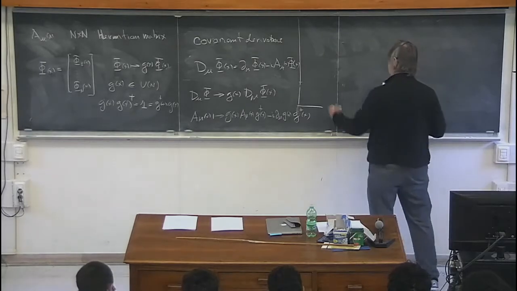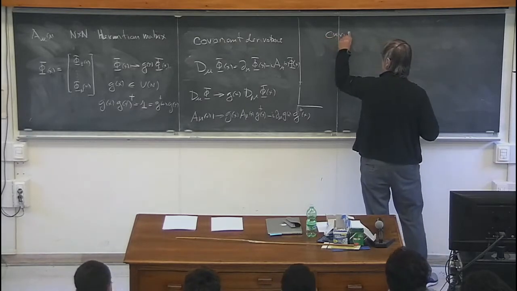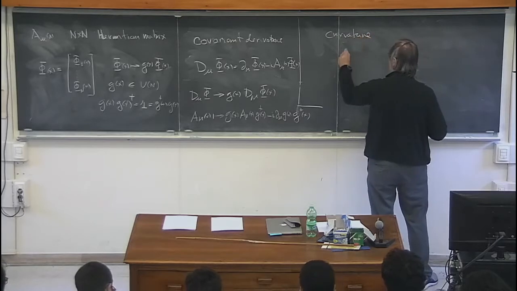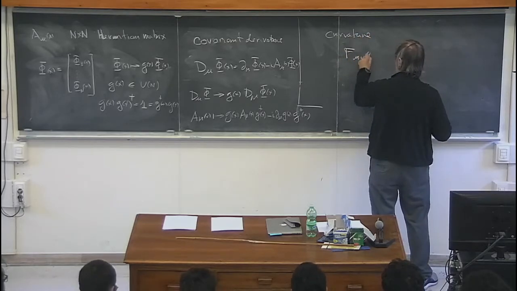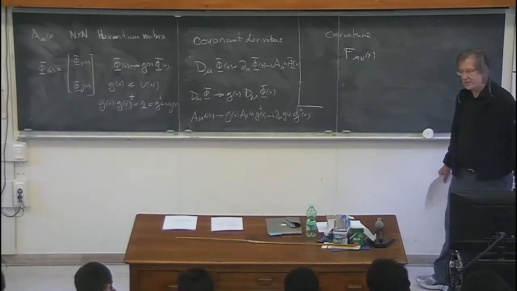So the covariant derivative has a curvature which also is an n by n Hermitian matrix.